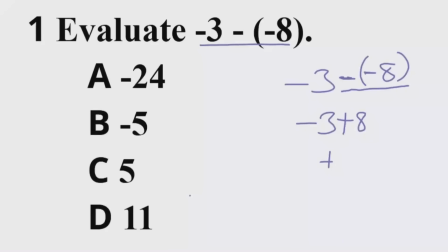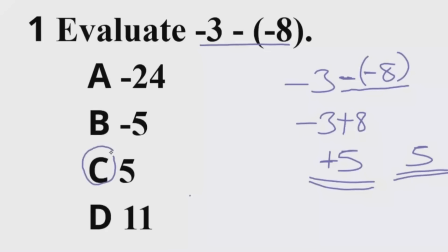The difference is 5. So you can say 8 minus 3 will give us 5. Now the 5 is the answer. We can write it with a sign, +5, or we can just write 5. So the correct answer is C.